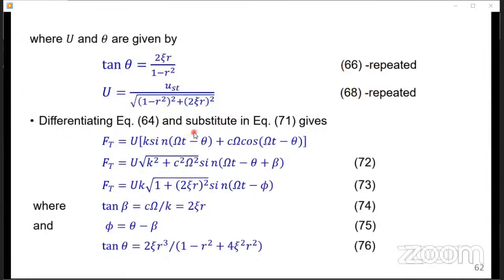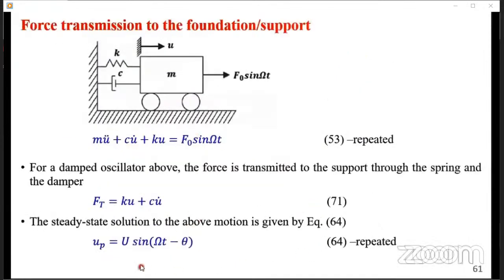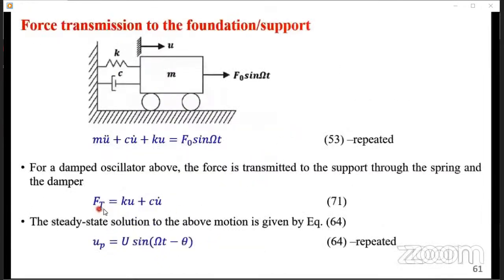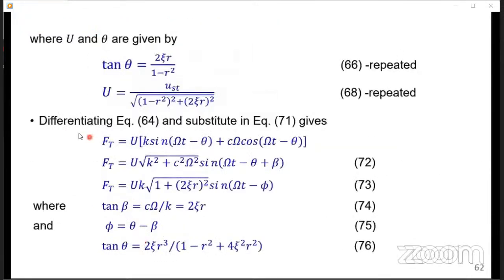So if you differentiate equation 64, we are looking at equation 64. This is the solution of the steady state response. We are saying if you differentiate equation 64 and substitute in equation 71, now this is where we have the force transmitted to the foundation, because we want to substitute. We have already U. We want to substitute U, the solution, this 64, and to get now the velocity, you differentiate once. So you differentiate and substitute in equation 71.